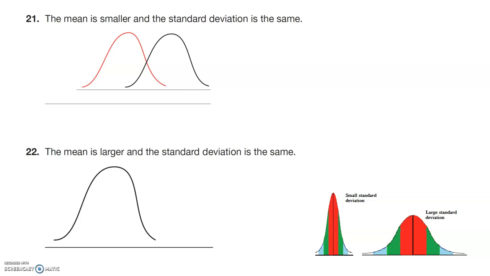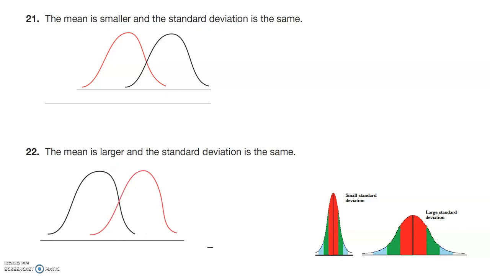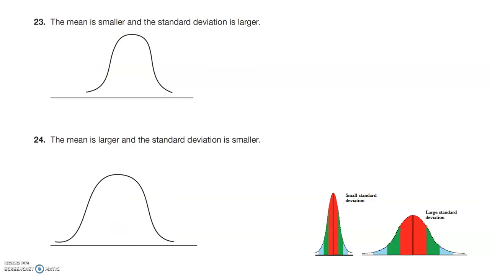So that means it's going to be shifted to the right of the normal curve because the mean has a larger number. So the mean here, for example, might be 10, and then here it might be 20, just to give you an example. All right, go ahead and do the next ones, and then we check our answers.